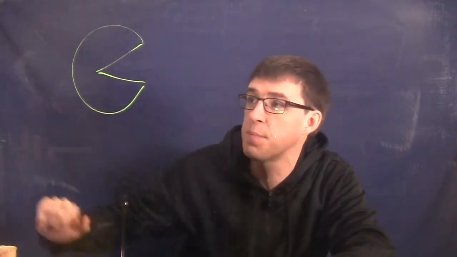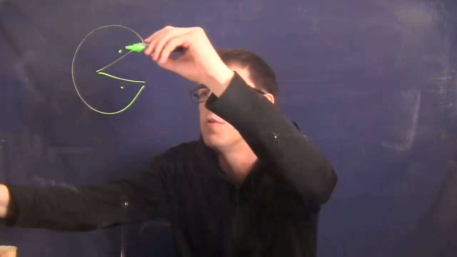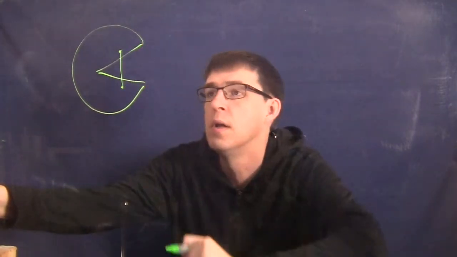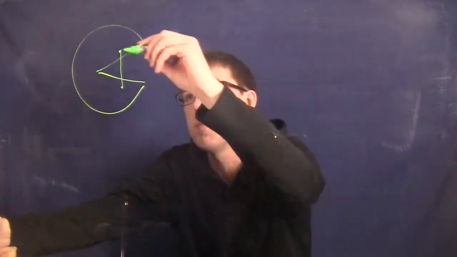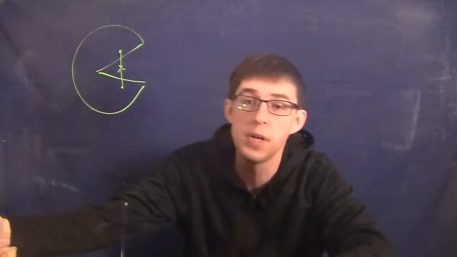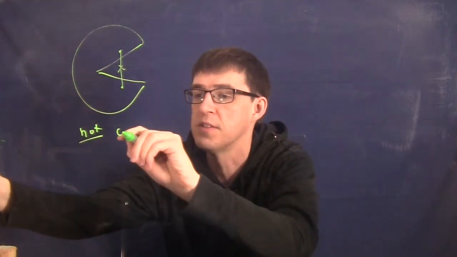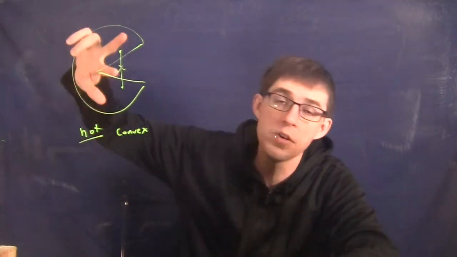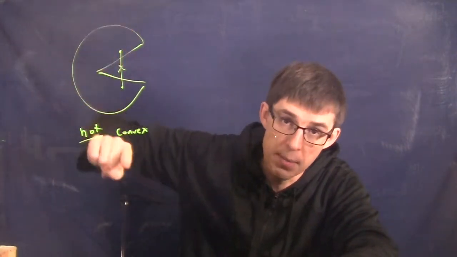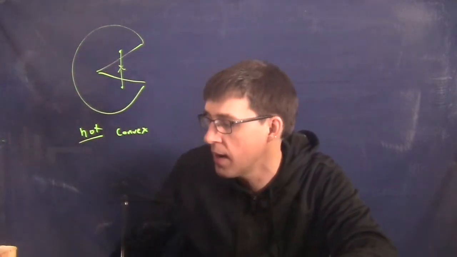In this Pac-Man, if you take a point up here and a point down here and draw the straight line between them, the line is not entirely contained within the shape, because this part of it goes outside. So this is not convex, because there are points where the line between those 2 points will leave the shape.